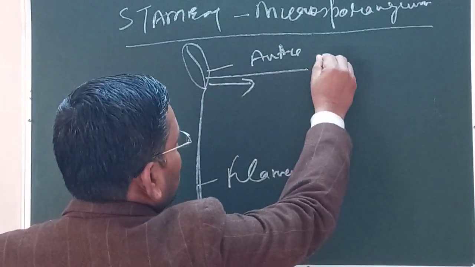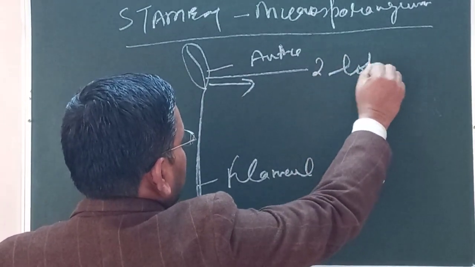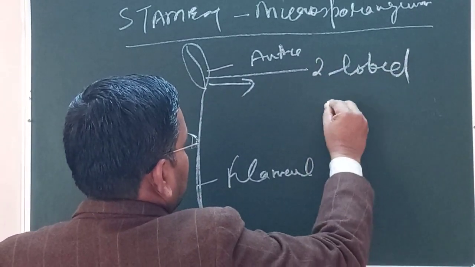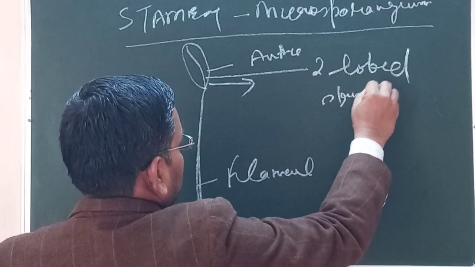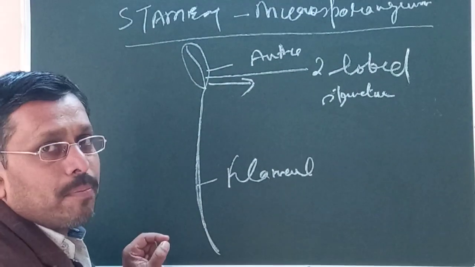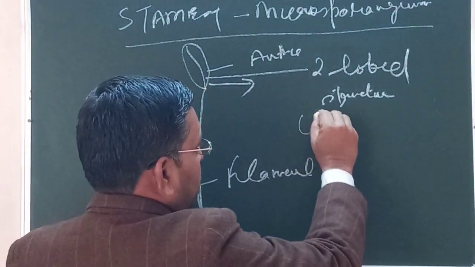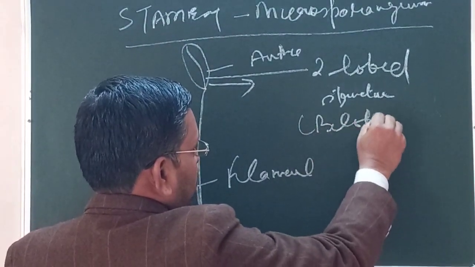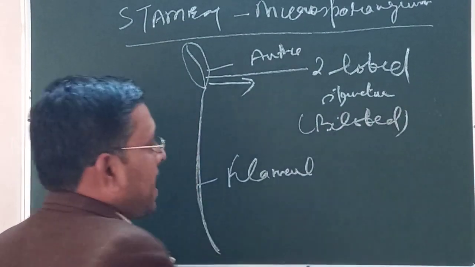That is why the anther is called a bilobed structure.